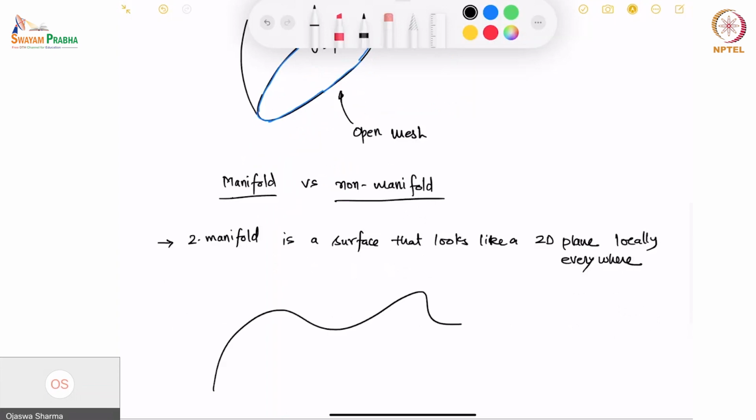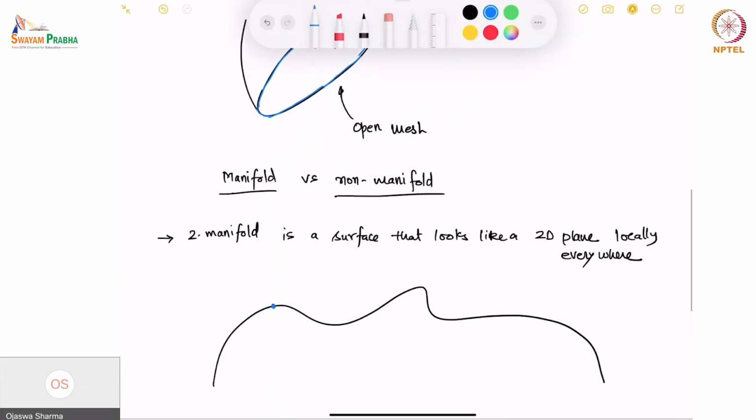For example, if I draw this irregular curve, and then I look locally, very close to this point, I draw it in a different color. If you look at a very small interval, this looks like a line. So locally, it's a line.